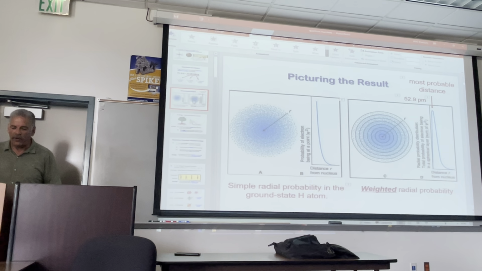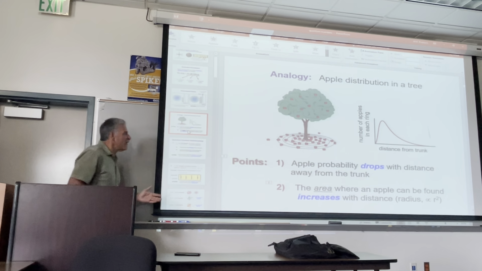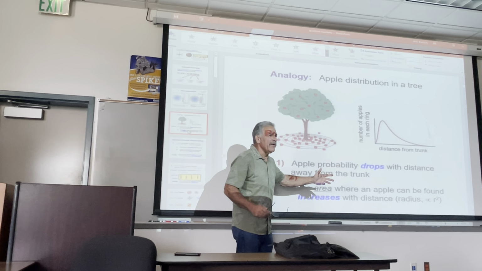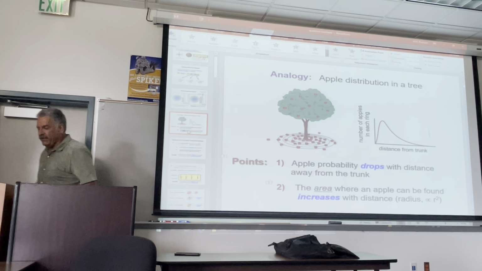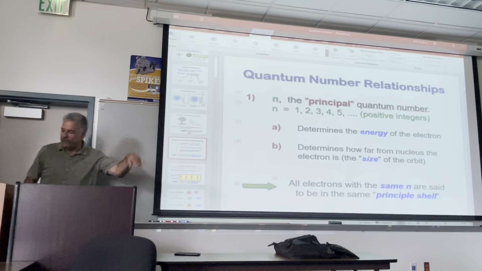We don't have to worry about the distribution, except to say that the farther it is away from the nucleus, the less likely the electron is to be found, because it's going to leave.